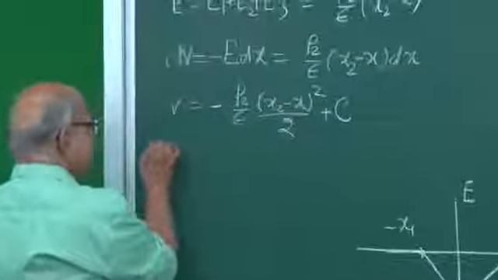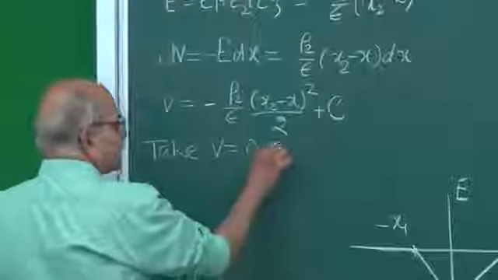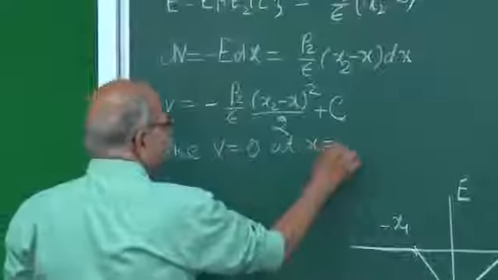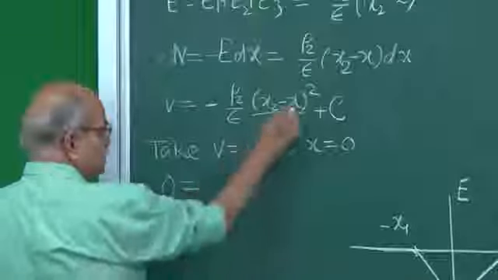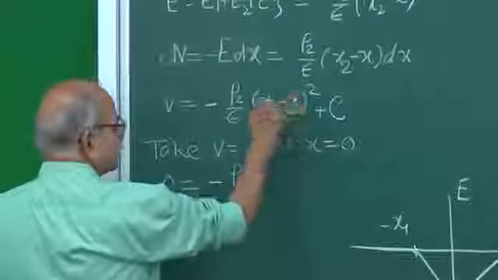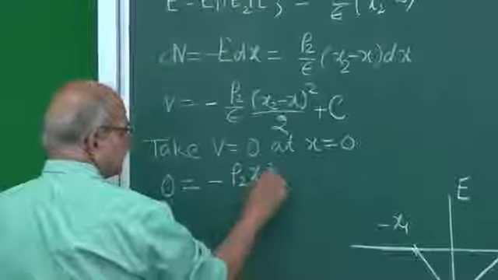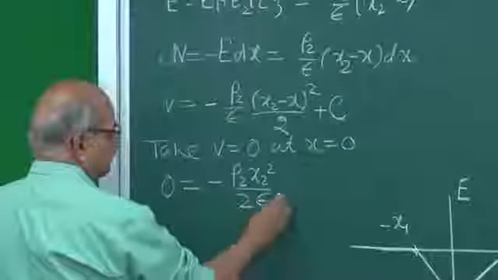So take V equal to 0 at x equal to 0, and then you get 0 is equal to minus rho 2, x is 0, so x2 square, divided by 2 epsilon, plus c.